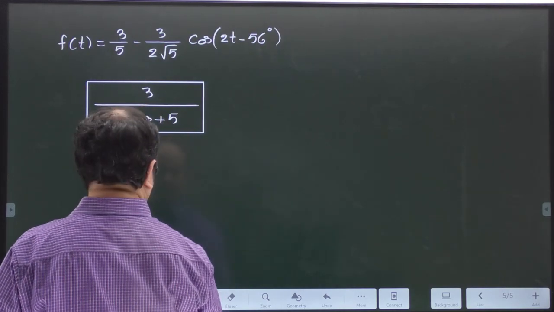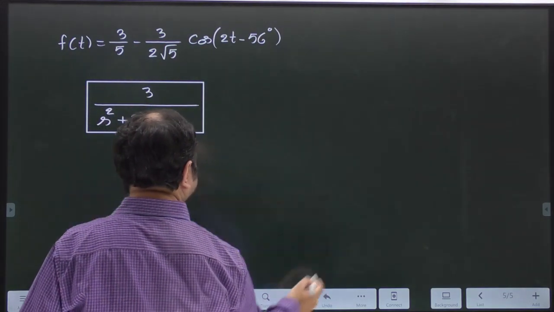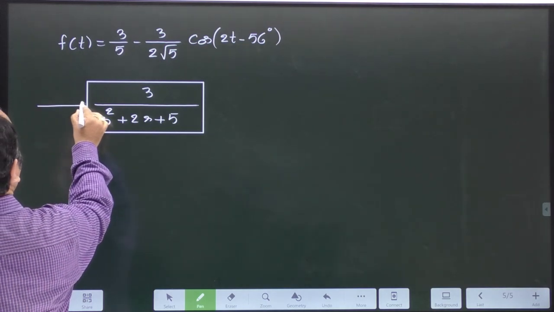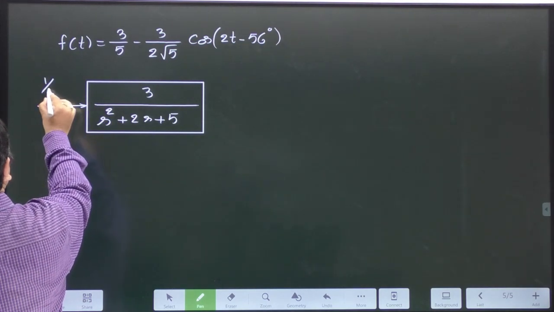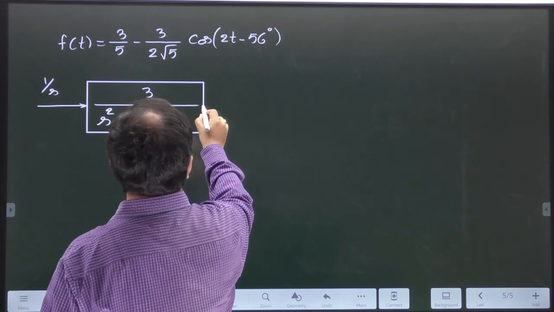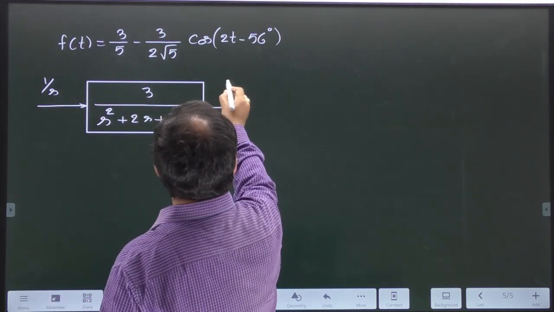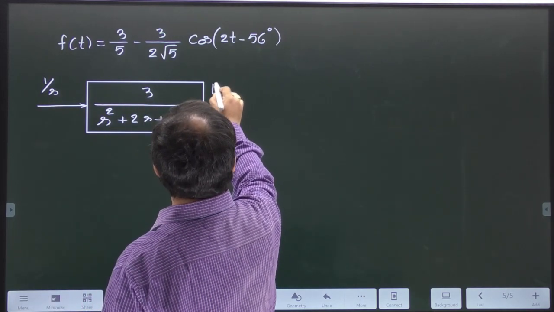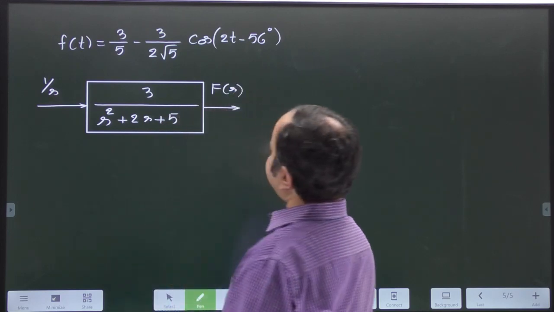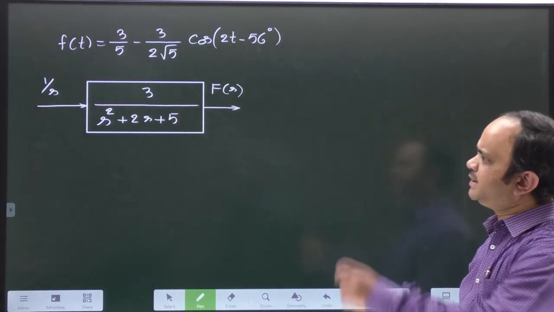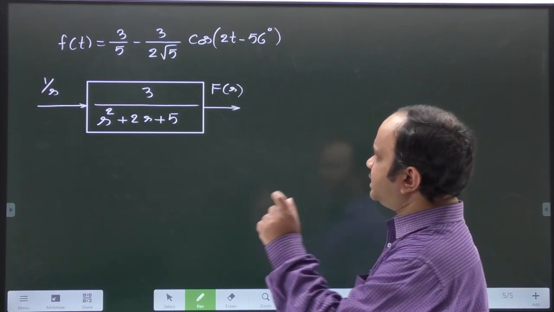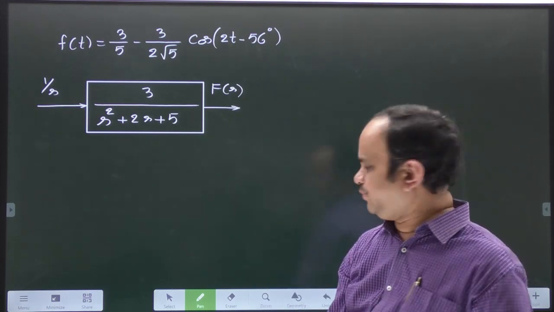Now for this particular system, some unit step function is given. So what is F of s here? 3 by s into s square plus 2s plus 5.